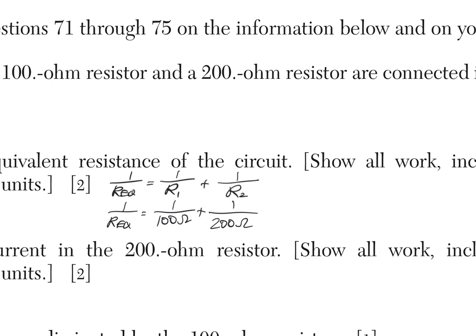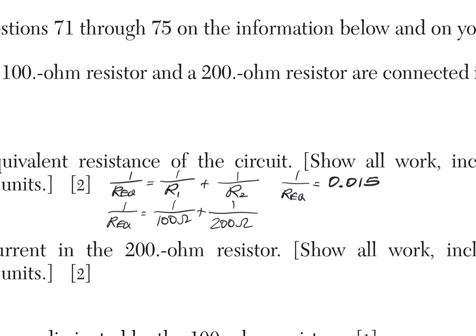The total resistance is not 300 ohms. We do not simply add the resistances in parallel. And be careful, this does not equal 1 over 300. Don't add your denominators. You don't even need to mess around with least common denominator. Just add the fractions, 1 over 100 plus 1 over 200.